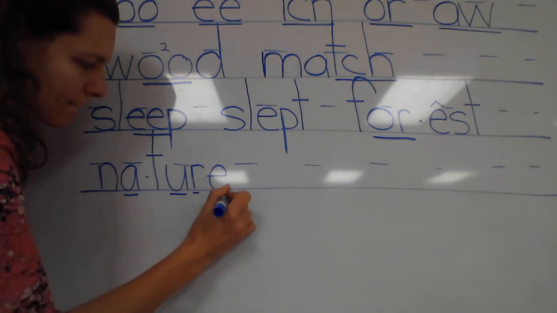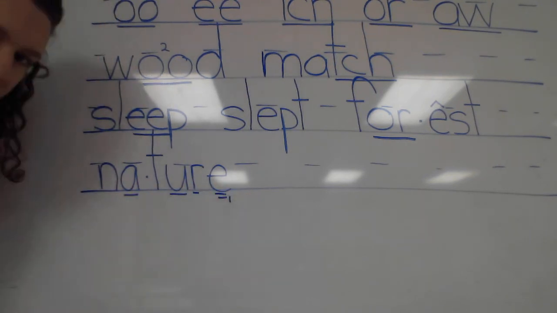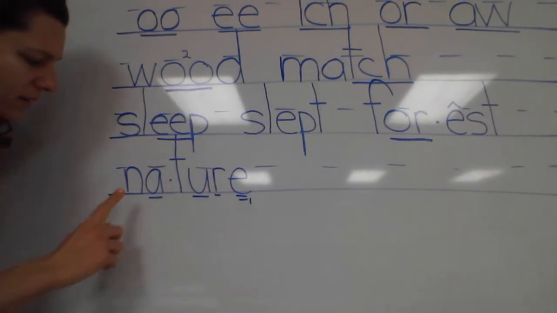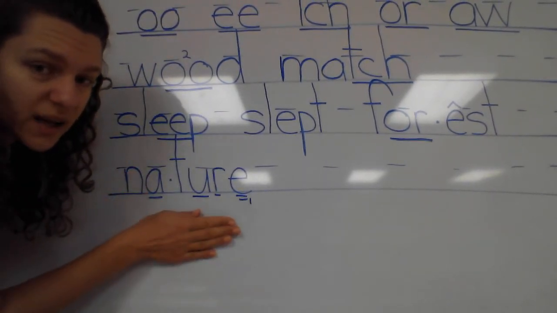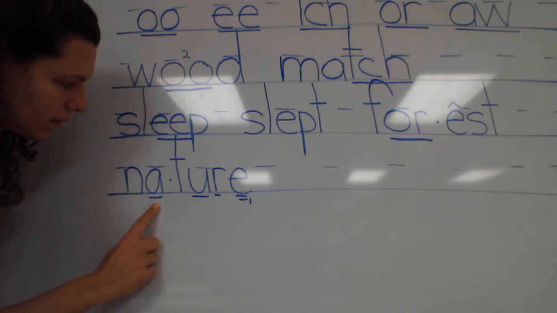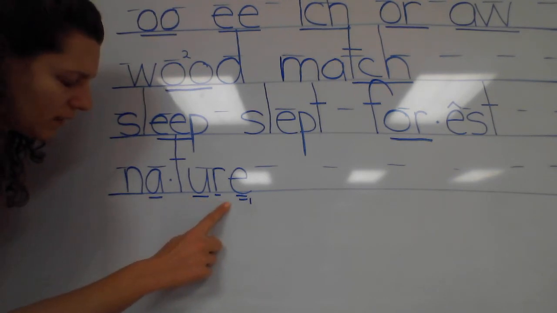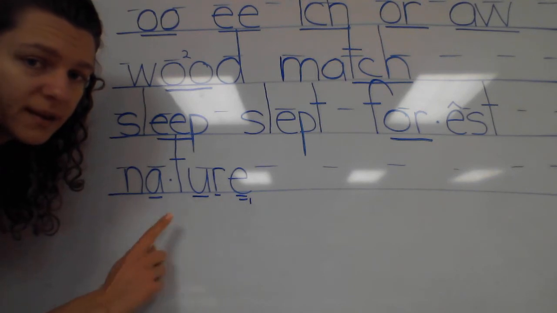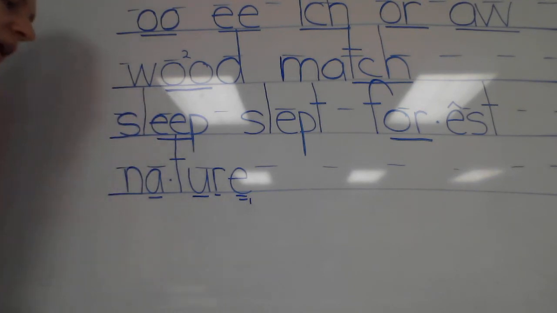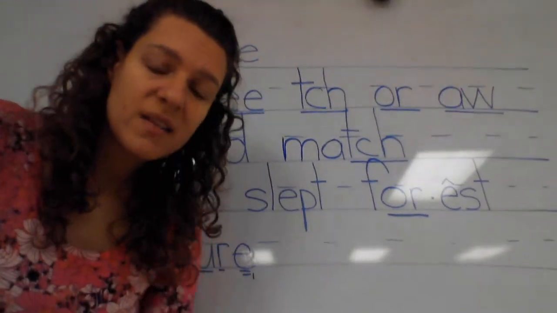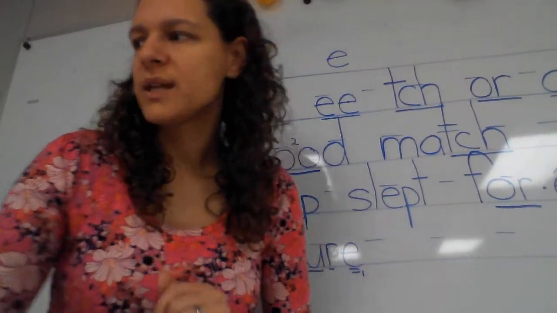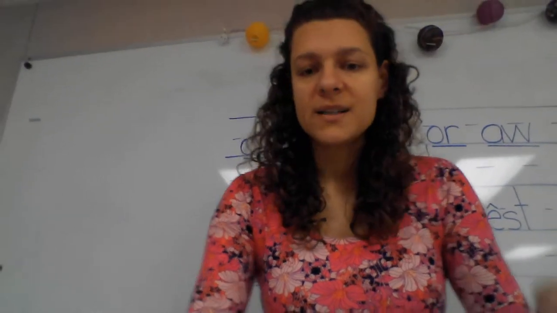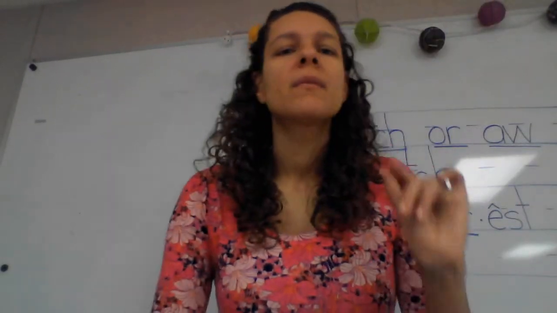All right, let's read our word, and we'll read just what's on here. So, nature, nature. Okay. When we're talking, though, we say nature, and we'll take a slight pause before we put our thinking caps in.